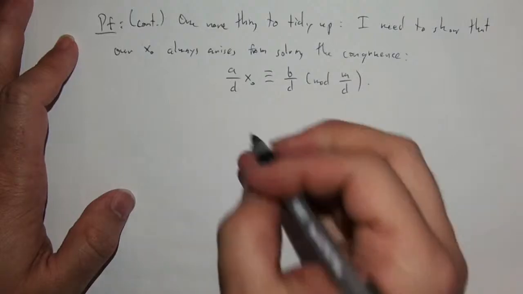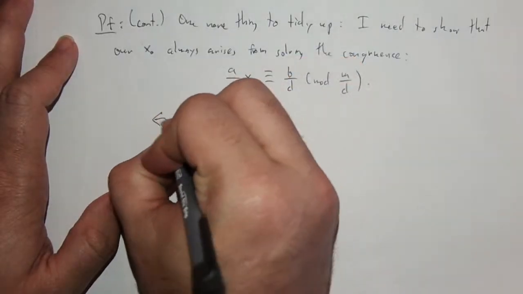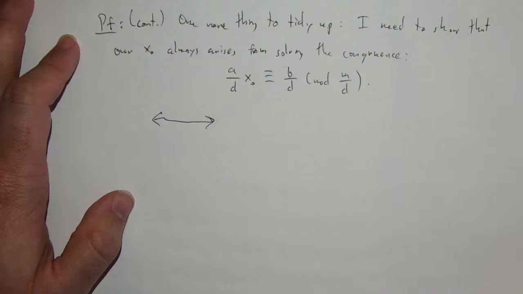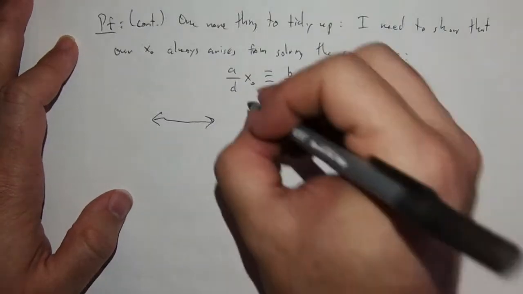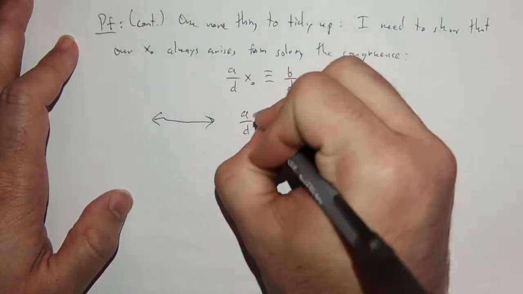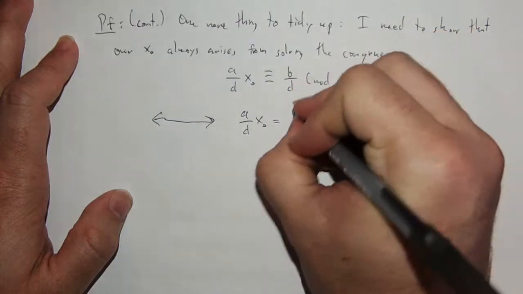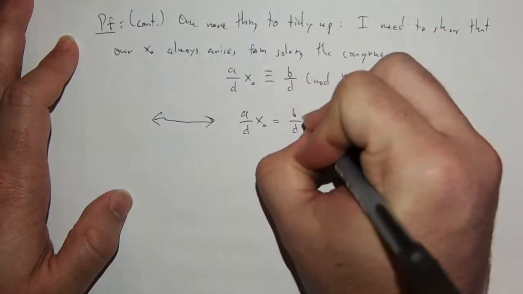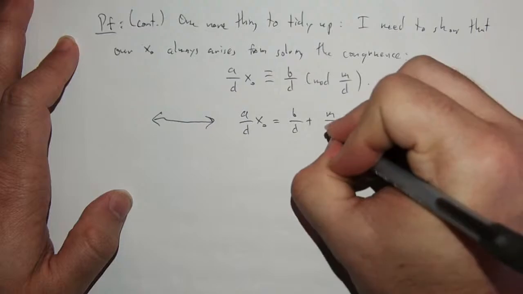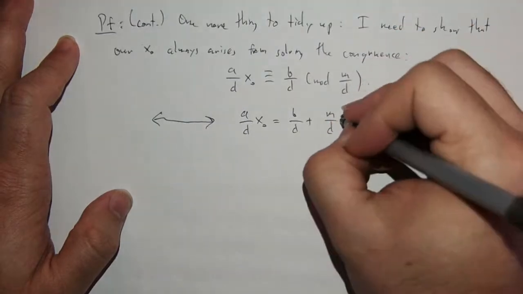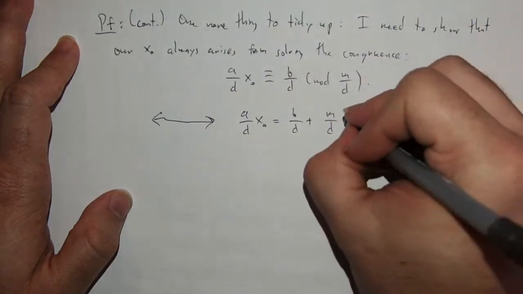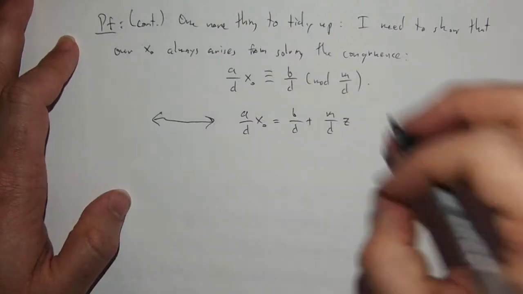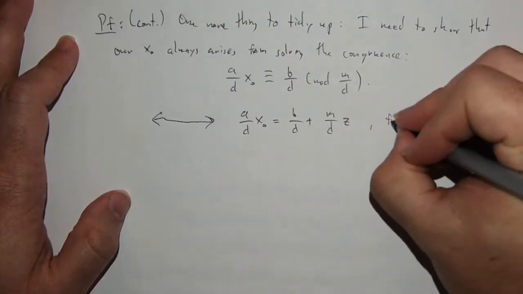Well, rewriting that congruence in terms of its equivalent statement, this means that a over d x naught is equal to b over d plus m over d times, say, z for some integer z.